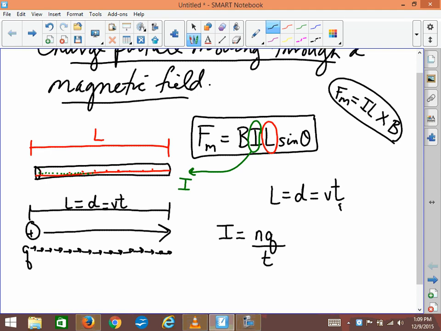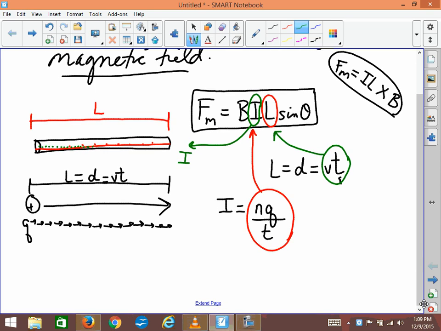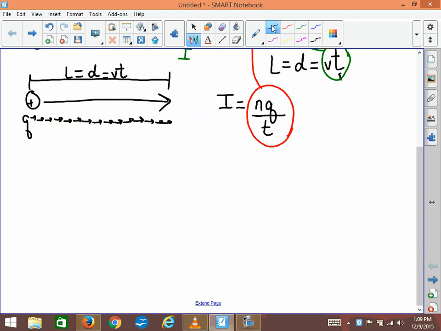Okay, well, what if we replace the I in the formula with that, and we replace the L in the formula with this? What we would get is a new expression, and it would look like this.